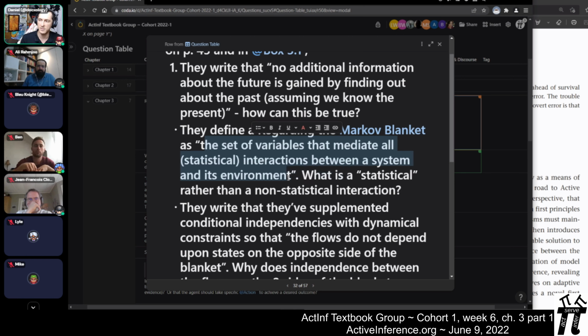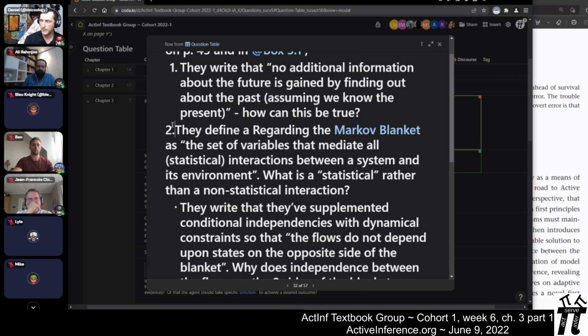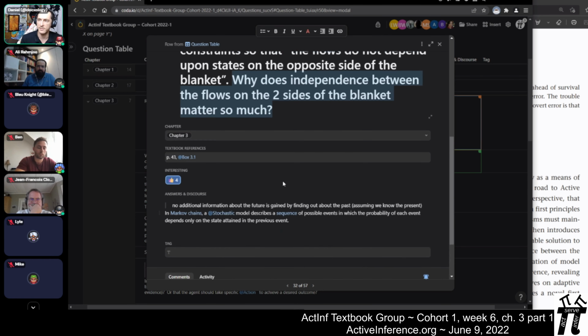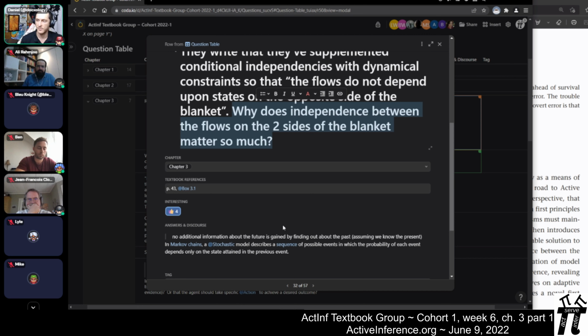What is a statistical rather than a non-statistical interaction? They write that they've supplemented conditional independencies with dynamical constraints so that the flows do not depend upon states on the opposite side of the blanket. Why does independence between the flows on the two sides of the blanket matter so much?